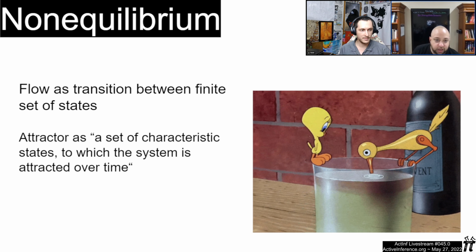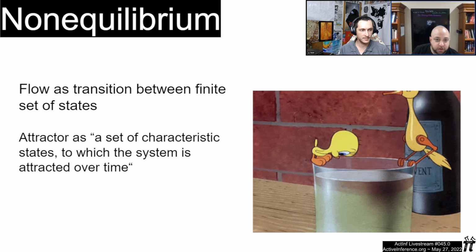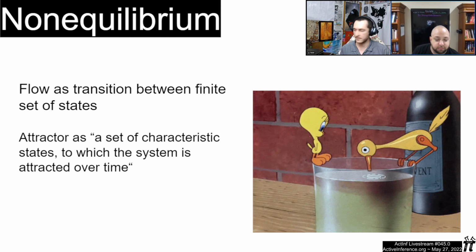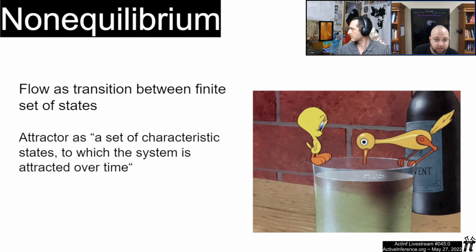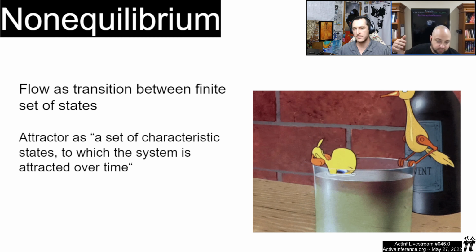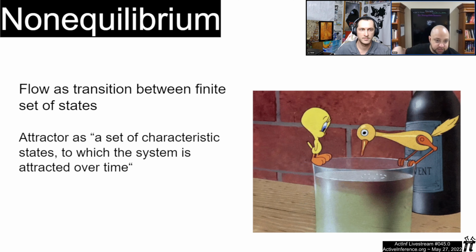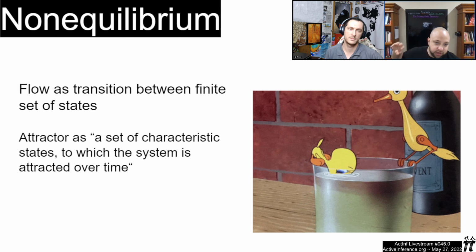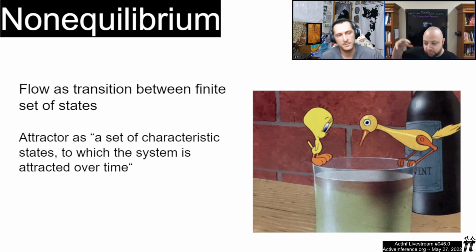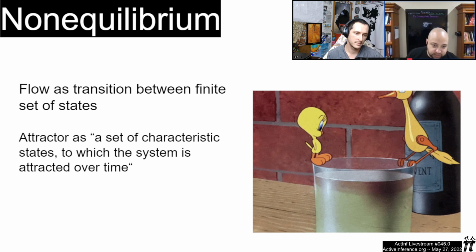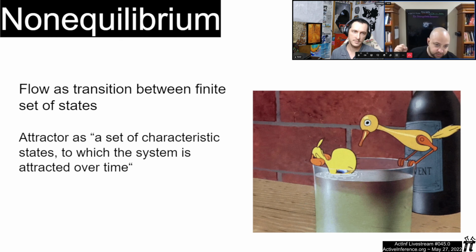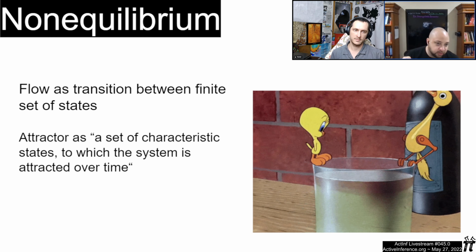And so non-equilibrium, these are things that were mentioned in the paper as flows between transitions between finite sets of states, having an attractor in a system, that over time the perturbations in the system still act as a set of characteristic states to which the system is attracted over time.